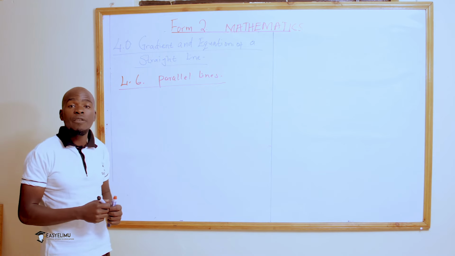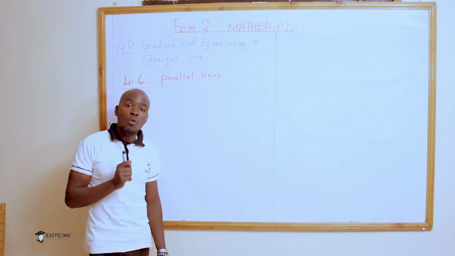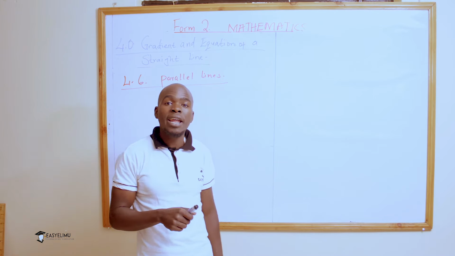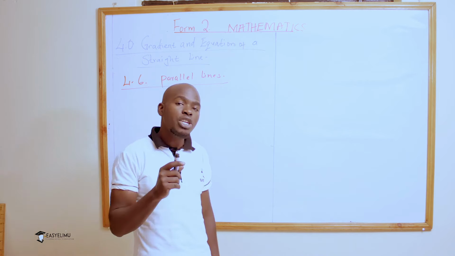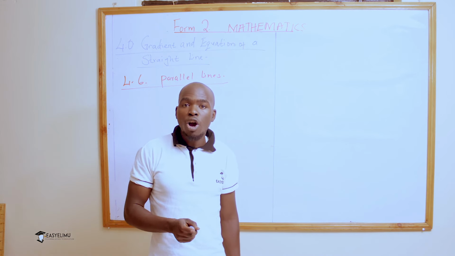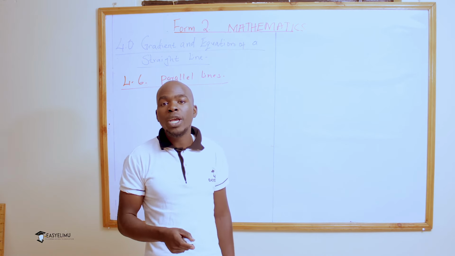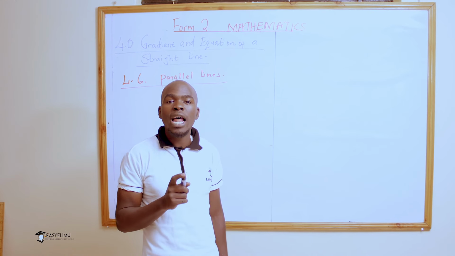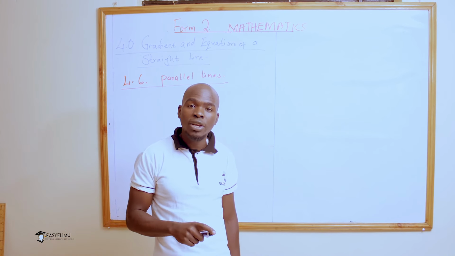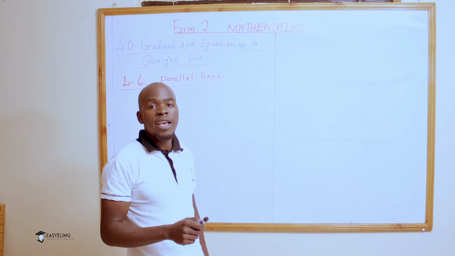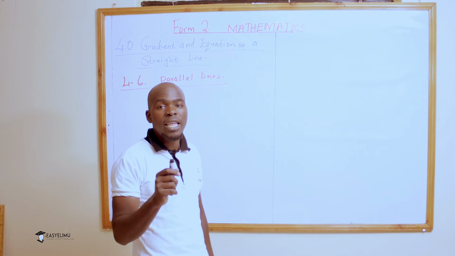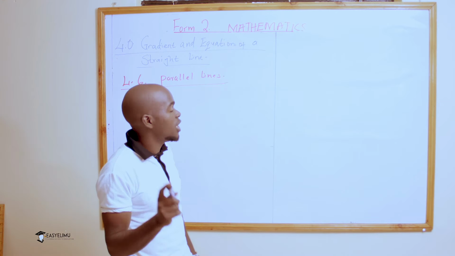They may have different y-intercepts, but the gradient is the same. If you find any two or three equations with the same gradient, then those lines, if drawn on a Cartesian plane to scale, will be parallel to each other.